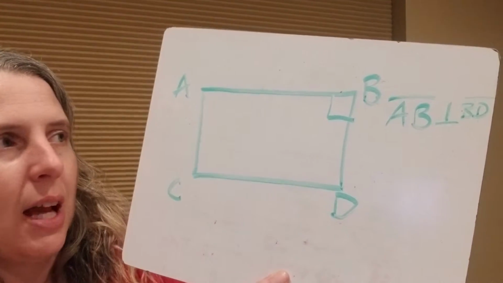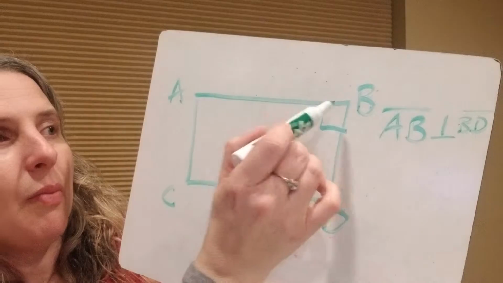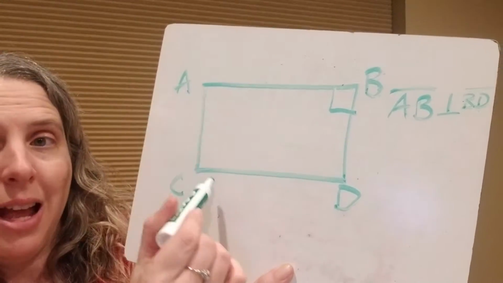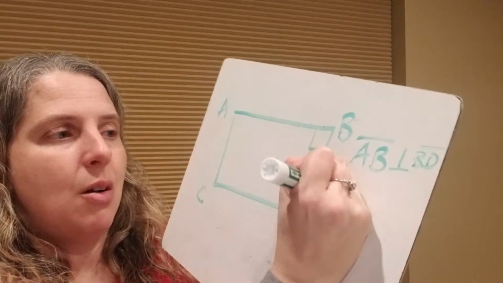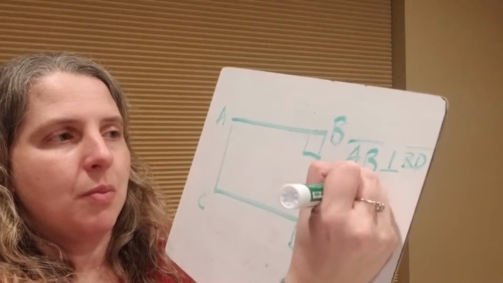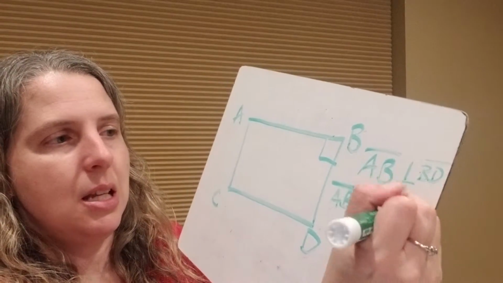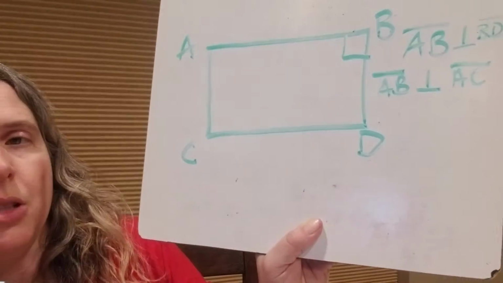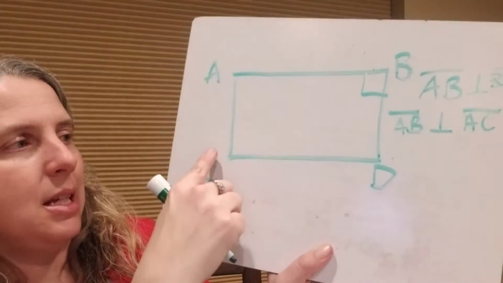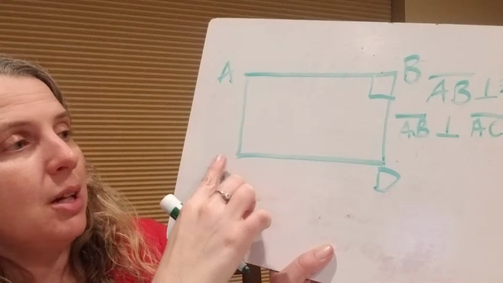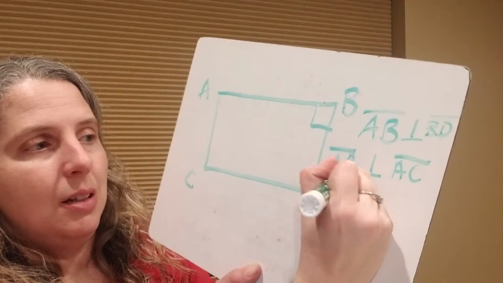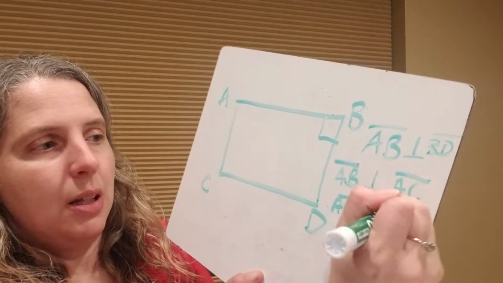You see another set of lines? AB and AC. So AB is perpendicular to AC. Okay, any others? AC is perpendicular to CD.